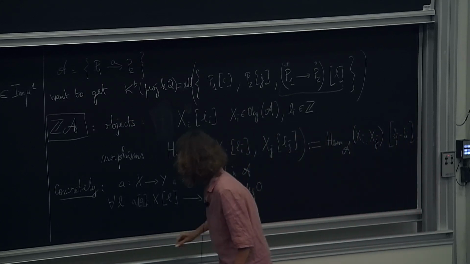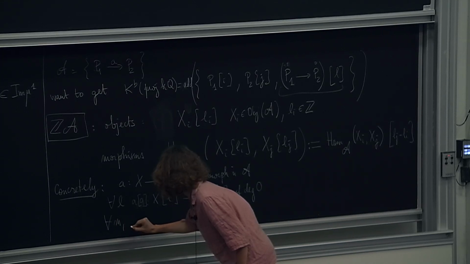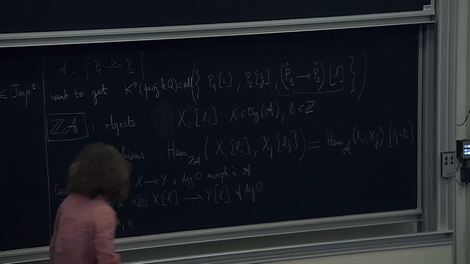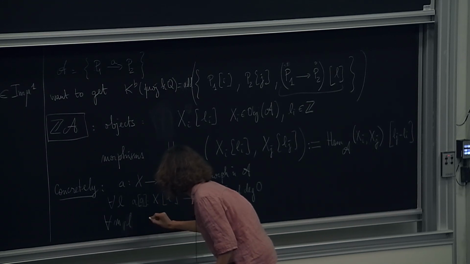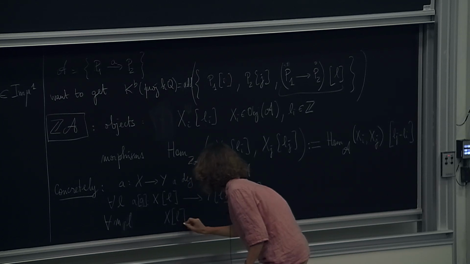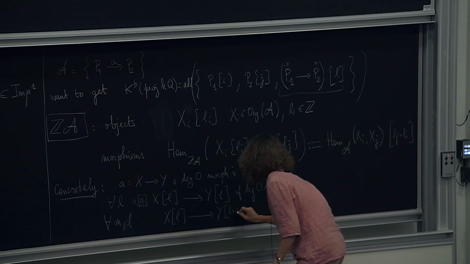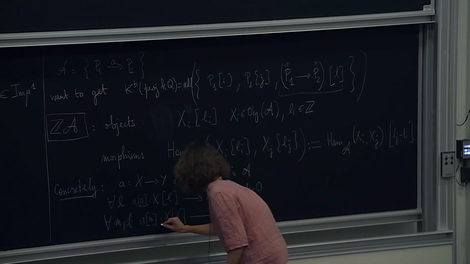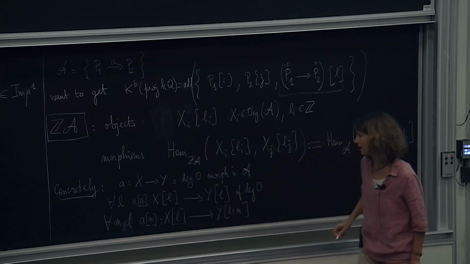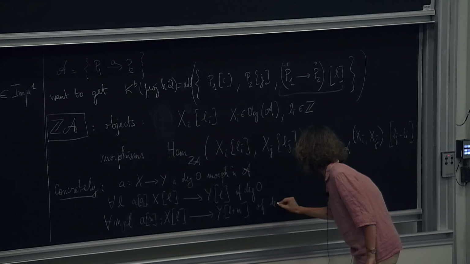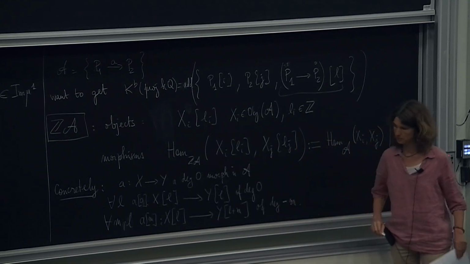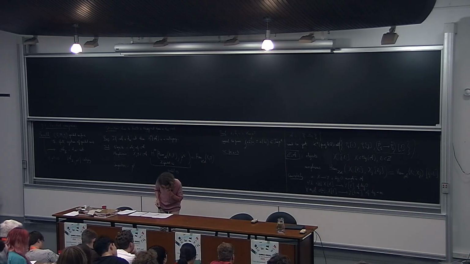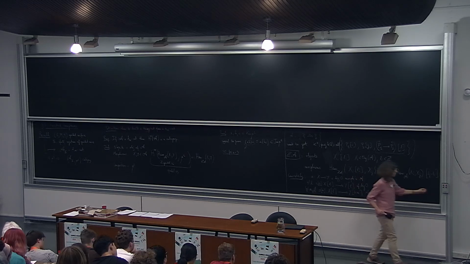And also, I will get for any M and L, I will get also a morphism from x shifted by L to y shifted by L plus M, and this one I will denote by a shifted by M. So I will get a morphism like this for any M and L integer, and this will be of degree minus M. Okay, so just from one morphism I get lots of new morphisms. But this is still quite simple.